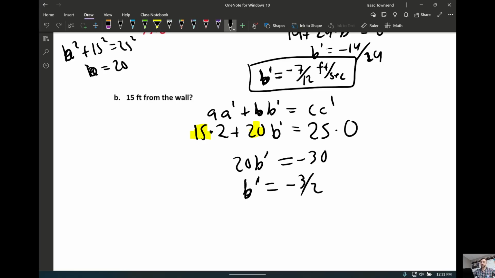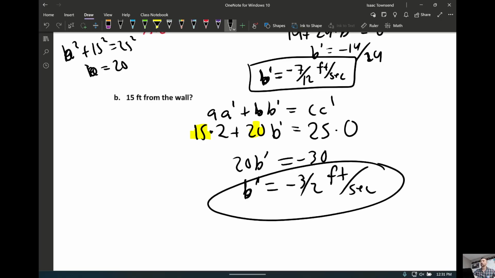And since this is the rate of change of B, I need a distance per an amount of time. So the distance in that question was feet, and the time units were seconds. But B is a length, so it should be feet to the first. Area would be feet squared, volume would be feet cubed, length should be feet to the first.